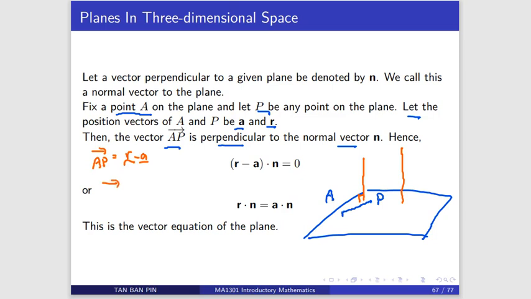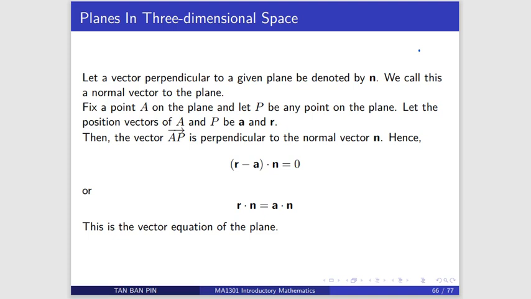Then because AP is a vector on the plane, AP dot n must be 0. So (r minus a) dot n will be 0. Then if you expand out, it will be r dot n minus a dot n equal to 0. So it's the same as r dot n equal to a dot n. And this is the vector equation of a plane.